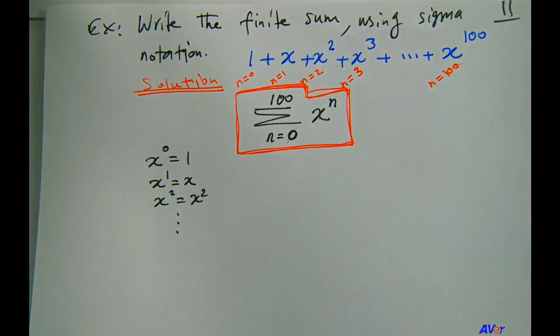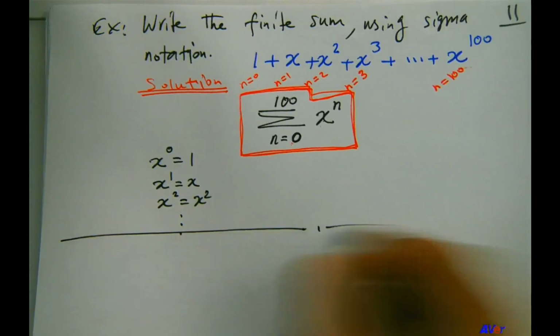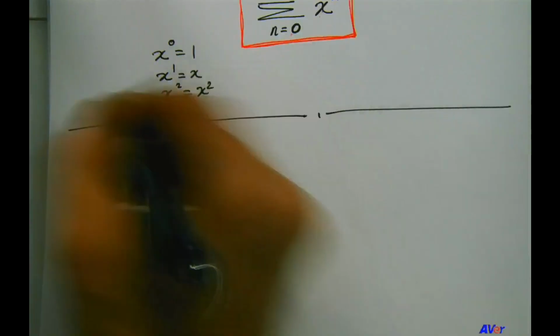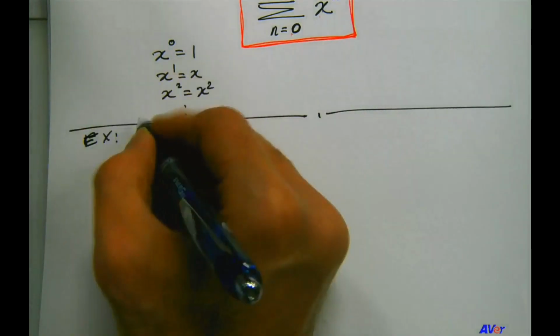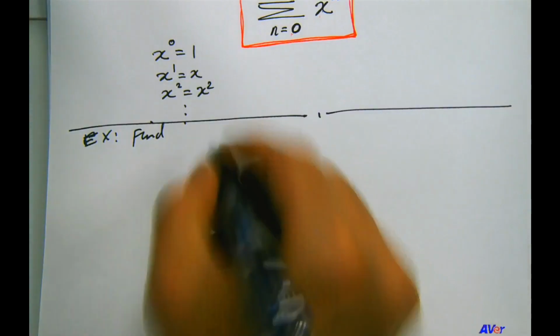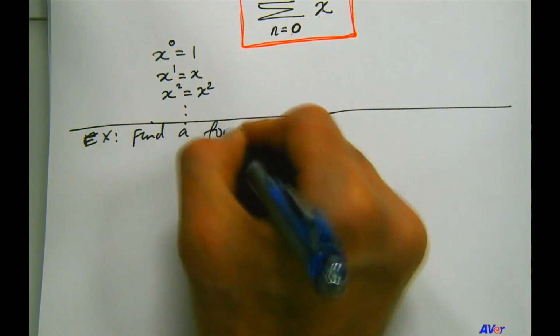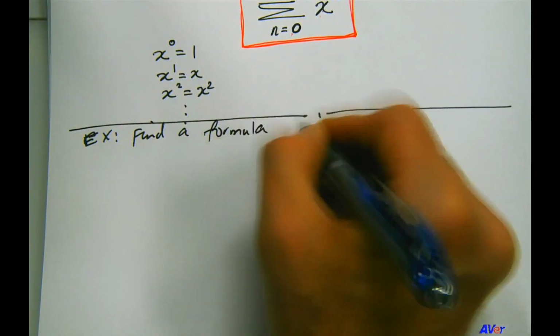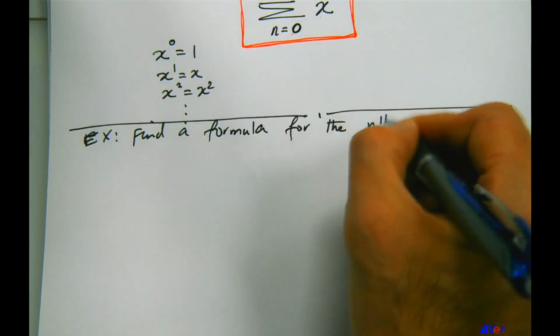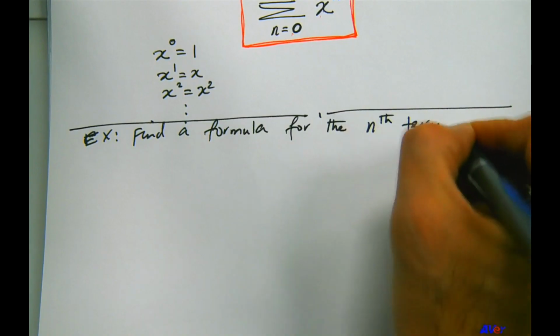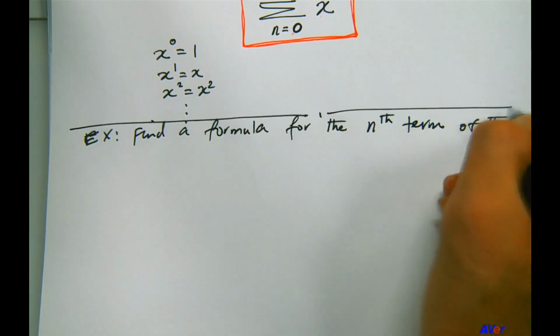Let's do another example. Here, we want to find a formula for the nth term of the sequence.